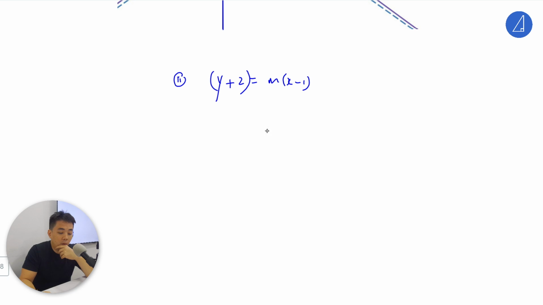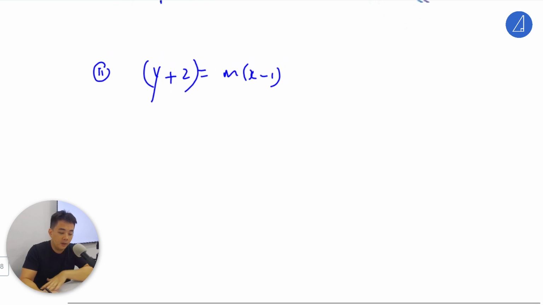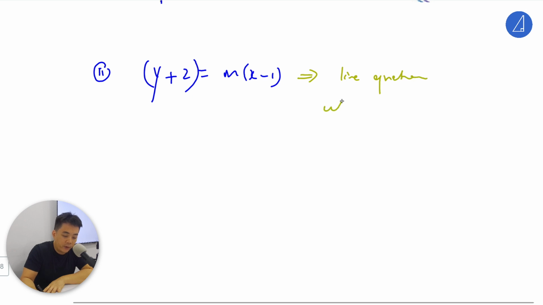So whichever point, if you move that to the other side, you know that this is a line equation with gradient M, and passes through what? When this is 0 and this is 0.